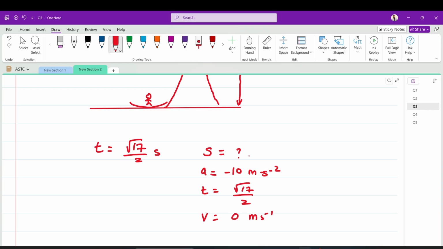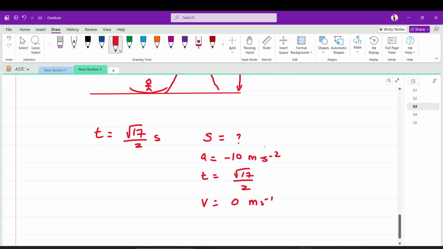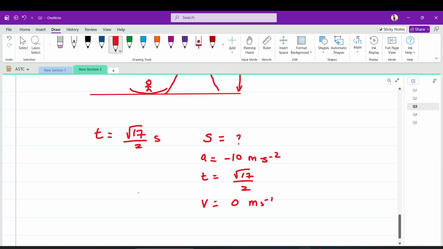So what is the displacement? This value of S will give us the height above the top of the cliff. Now over here you have to use an equation that is not given in MF19. That equation is S is equal to VT minus half AT squared. What you have been given is about the initial velocity.